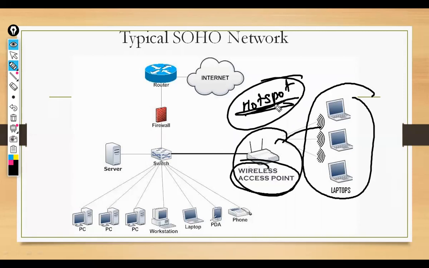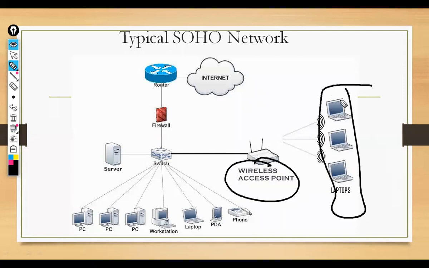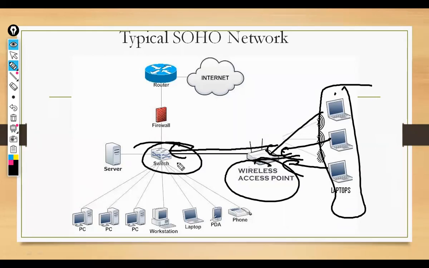The hotspot will transmit some signals, some electromagnetic waves. So this access point is similar to the hotspot. We will turn on the Wi-Fi in the laptop and connect to this Wi-Fi, and then it will get connected to the switch, that means to the wired network.